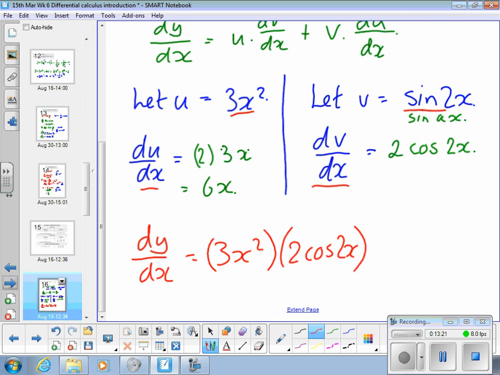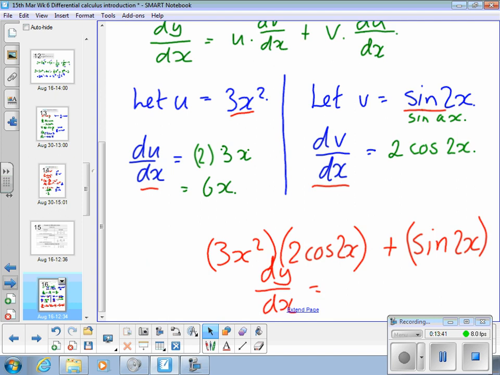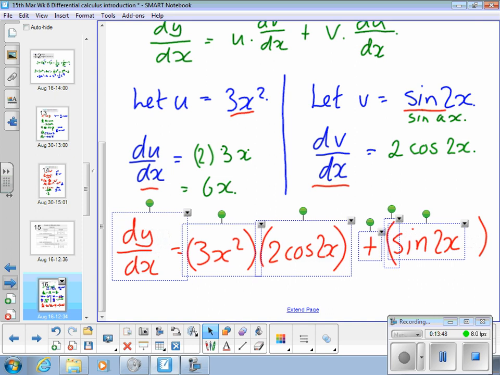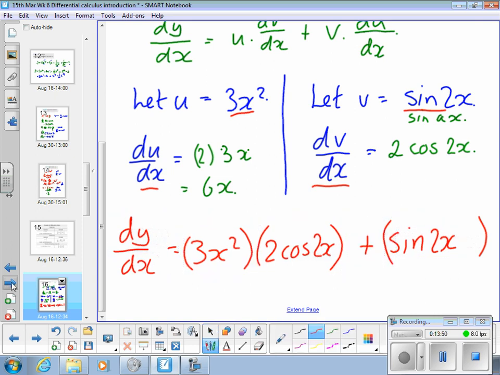And then we've got to add v, which is sine 2x, and multiply that by du by dx, 6x.